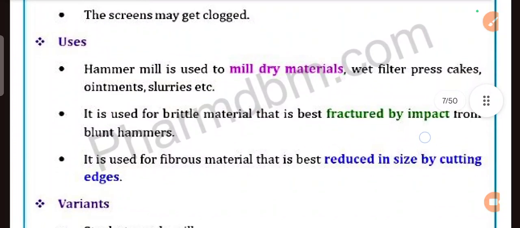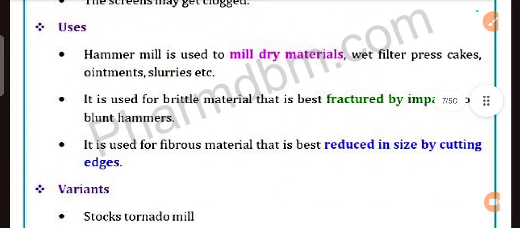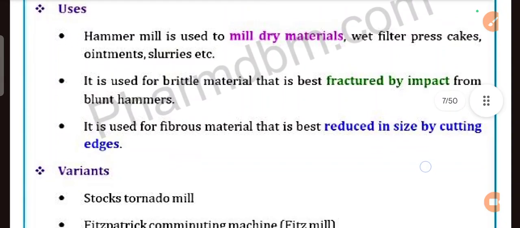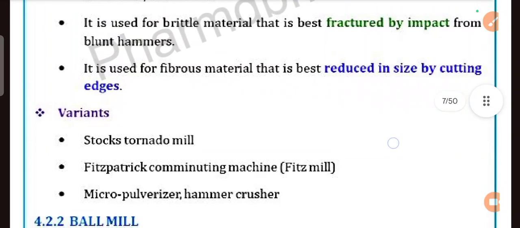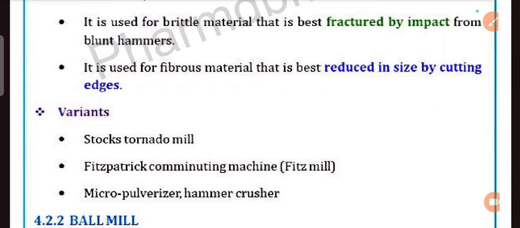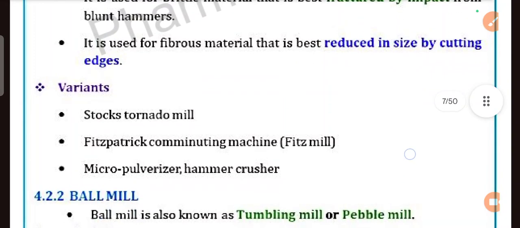Usage: hammer mill is used to mill dry material, wet filter press cakes, ointments, slurries, etc. It is used for brittle material that is fractured by impact from blunt hammers. It is used for fibrous material that is reduced in size by cutting edges.